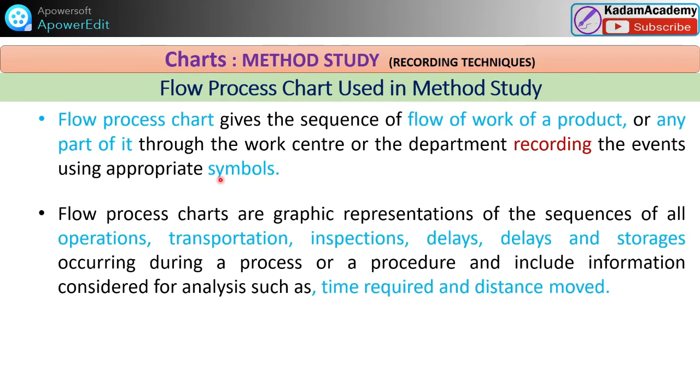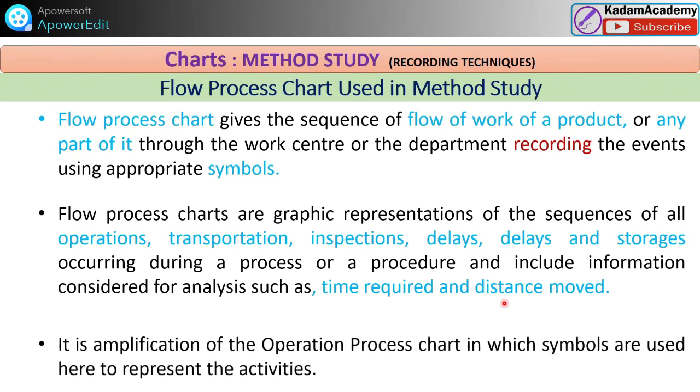The flow process chart is also a graphic representation of a sequence of all the operations, transportation, inspection, delay, and storages occurring during a process or procedure. It includes information considered for analysis, such as time required and distance moved. Both are included in the flow process chart.